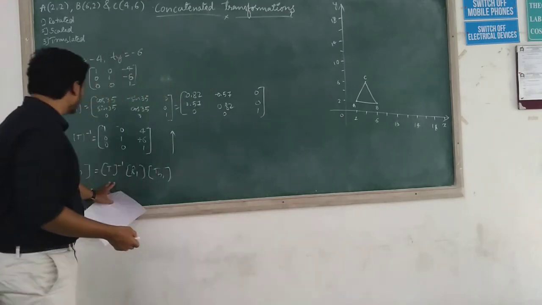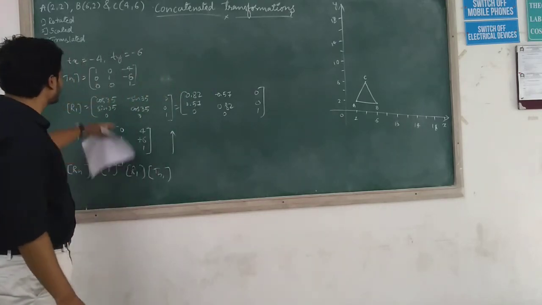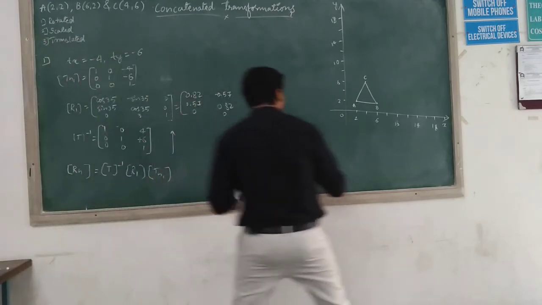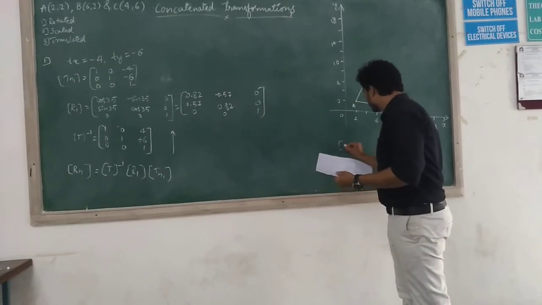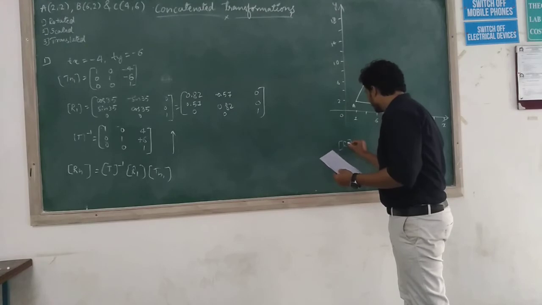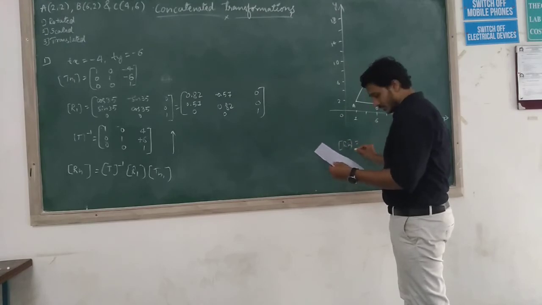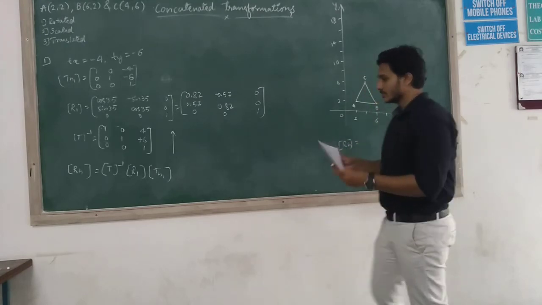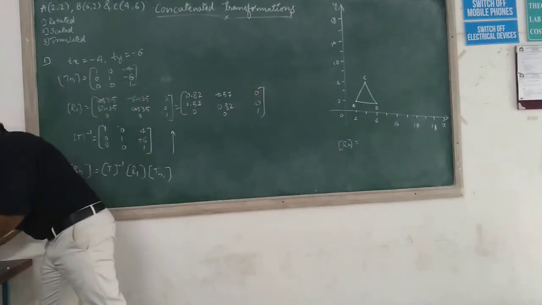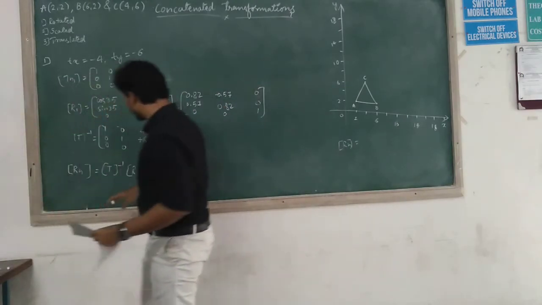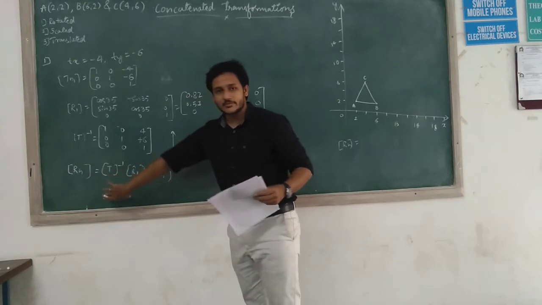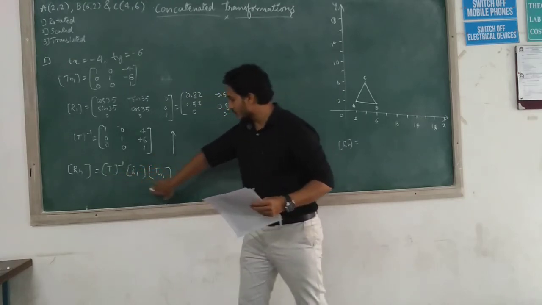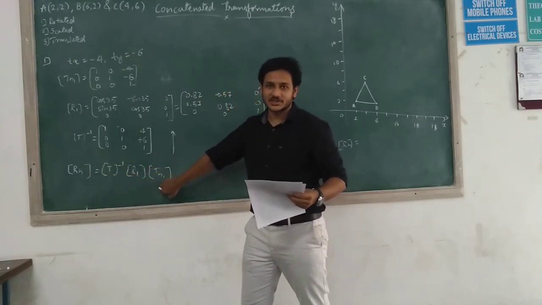So the final matrix, once we multiply this one, I'll write it here. For the rotation, you just have to multiply these two first, and we are going to get a matrix. Then we have to multiply it with the translation matrix.